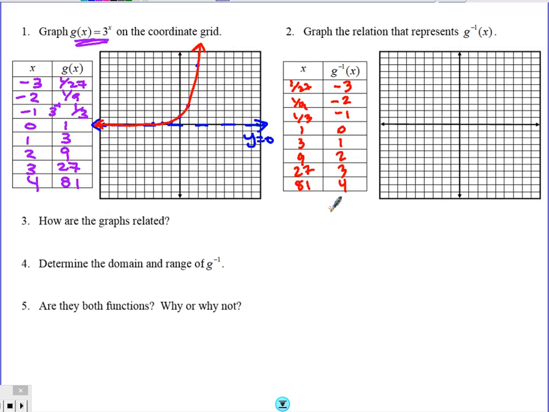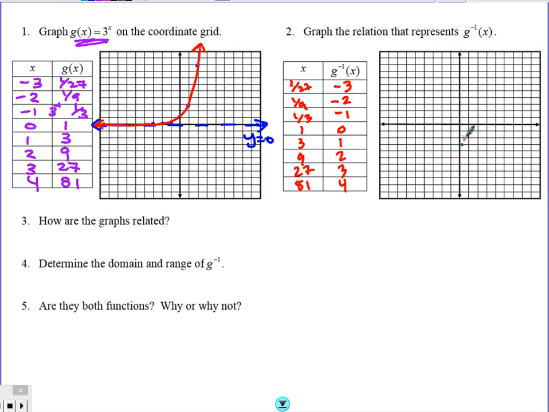This is a little trickier to plot because when I try to go to 1/27 on the x, it's a little tricky. Okay, 1/27 is the tiniest amount, and then down 3. And then 1/9, again, it's a very little amount. Oh, that is not a good plot. Let's try this again. 1/27 down 3. I think my pen is a little uncalibrated here.